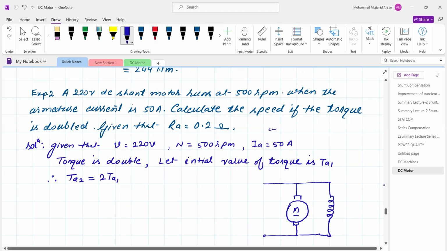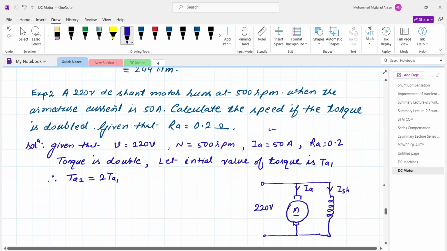The voltage is 220 volt. It takes armature current equal to 50 ampere, and here is the shunt field current ISH, whereas the armature resistance RA is equal to 0.2.